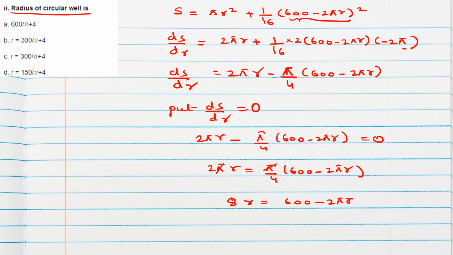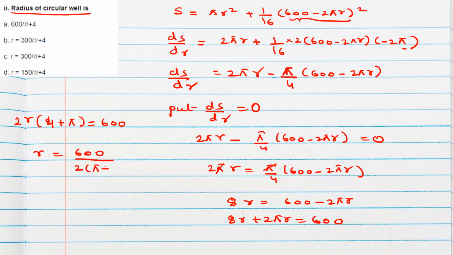Now we can take the r terms together. Actually, 2r we can take common, so 4 plus pi will remain, and 600. So r will be 600 by 2 into (pi plus 4). This 2 if you cancel, r will be 300 by (pi plus 4).